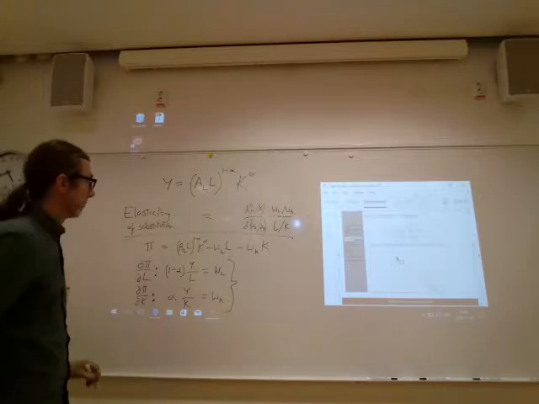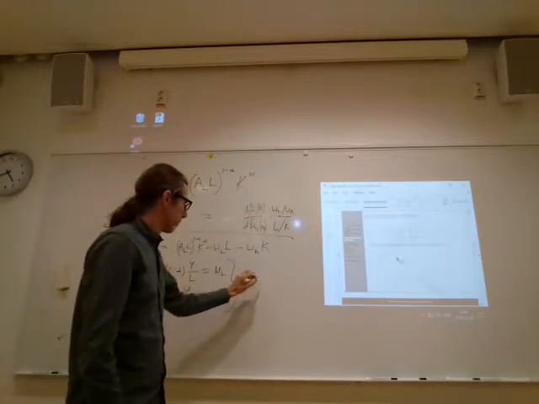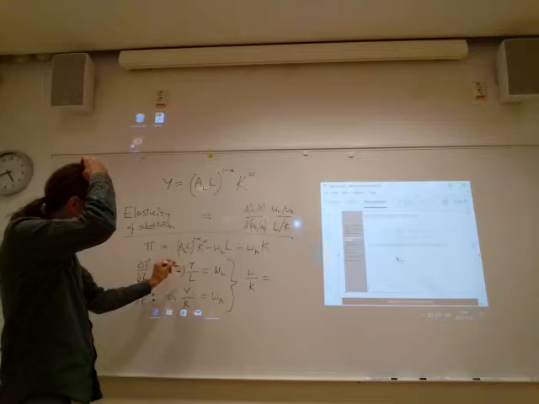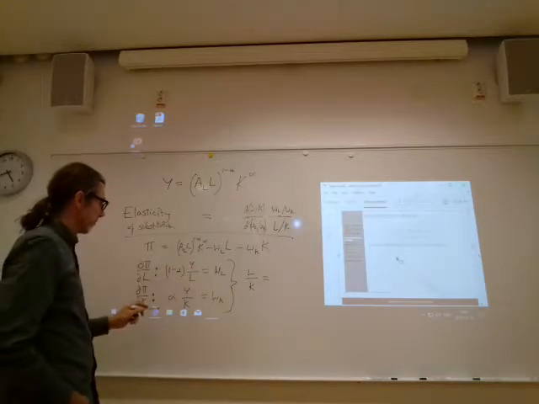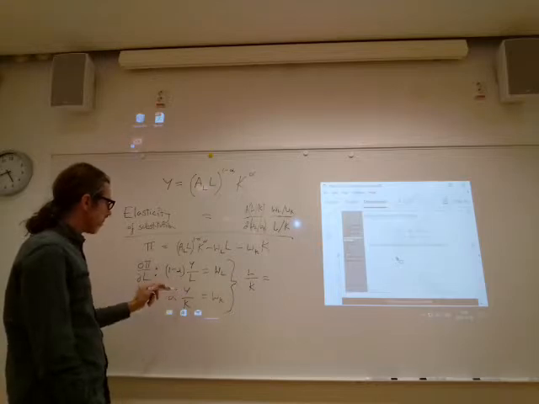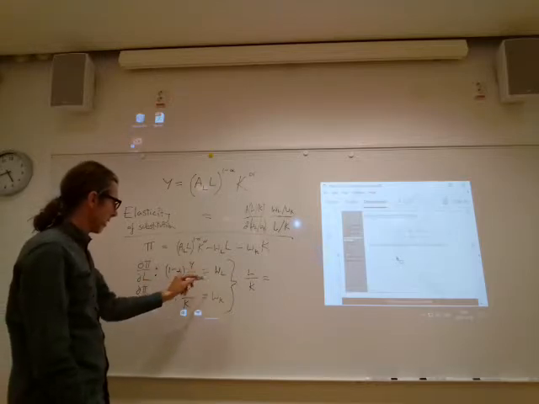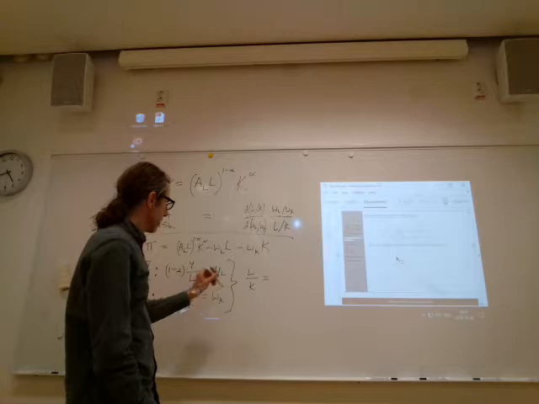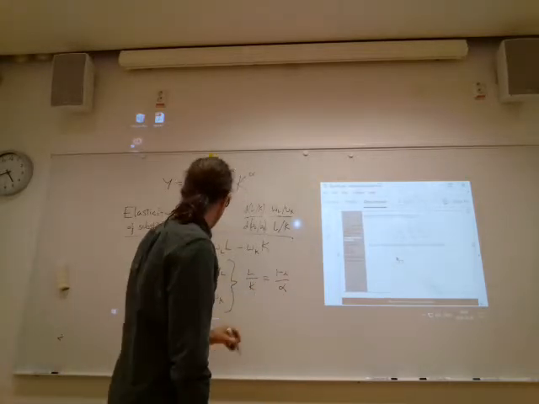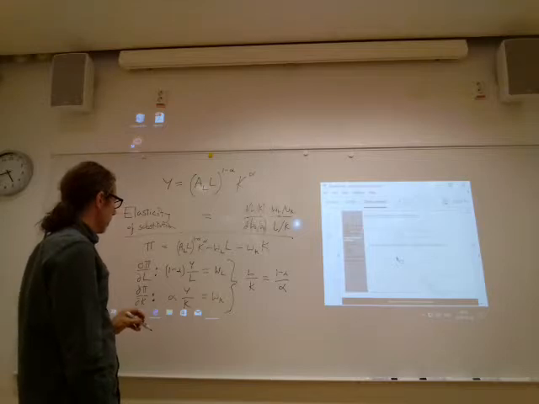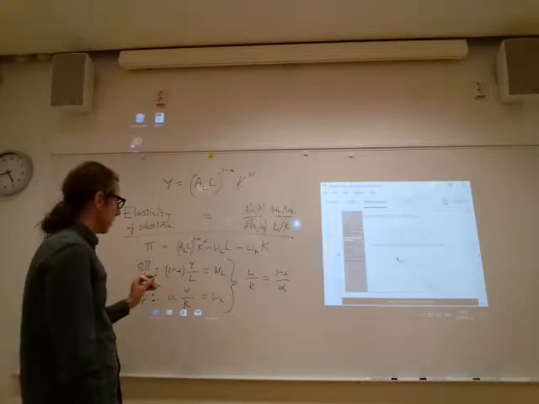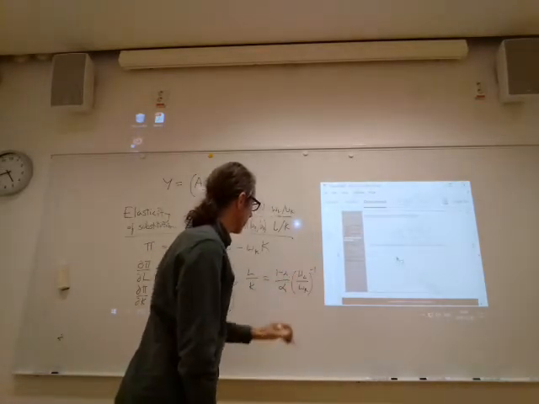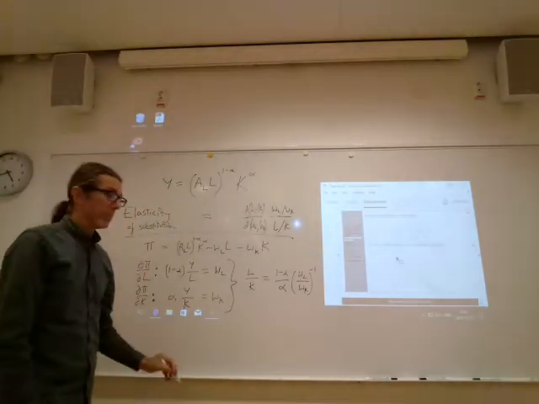So if we put those together, we can get, after a tiny bit of algebra, so if we divide one by the other, we get that L over K is (1 minus alpha) over alpha times (WL over WK) to the minus 1. Okay, you might need a couple of steps to do that.